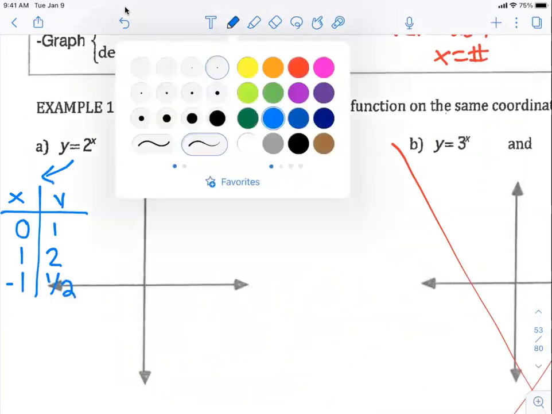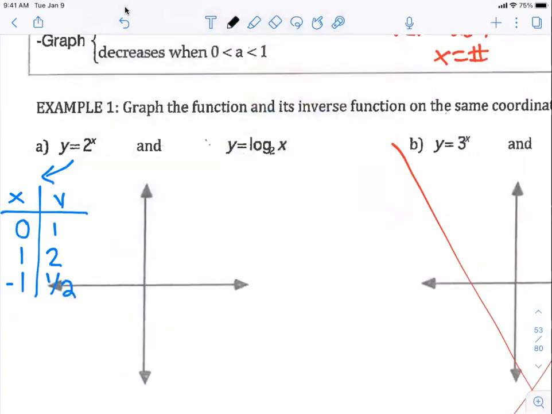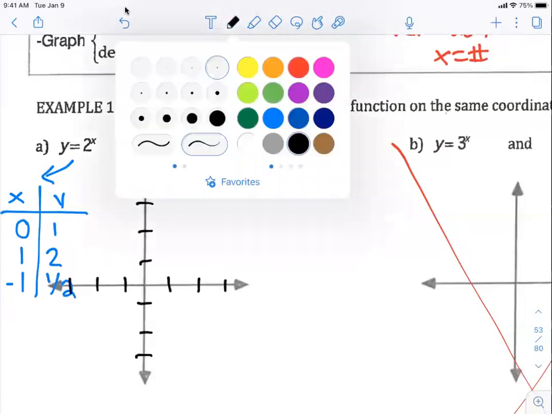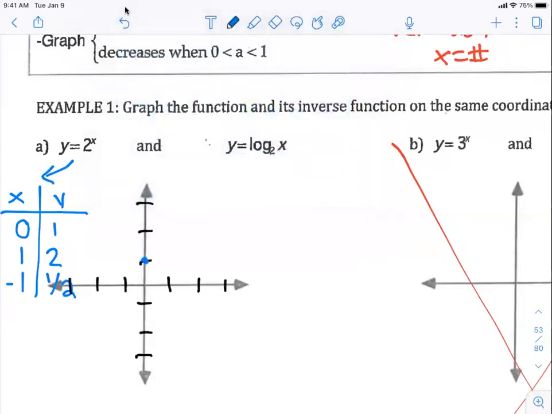I'm going to make dashes 1, 2, 3. I'm going to graph those points in blue, 0, 1. Remember, it looks like a J, as long as there's no rotations or anything like that, which it does. It looks like a J, and then there is my asymptote. So that is my exponential, y equals 2 to the x.